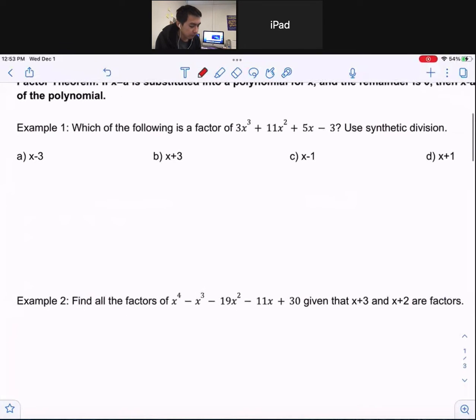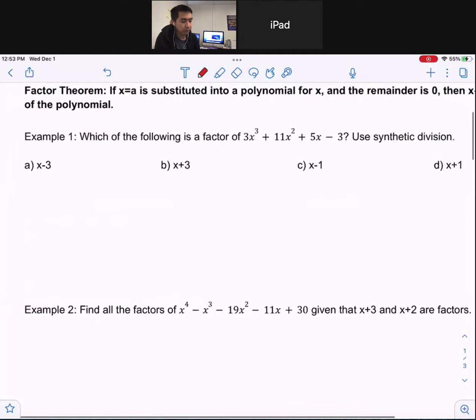So if we were to substitute in the opposite of this value into the polynomial, and it gave you a remainder of 0, then that is what we would call a factor. If it does not give us a remainder of 0, then that's not a factor.